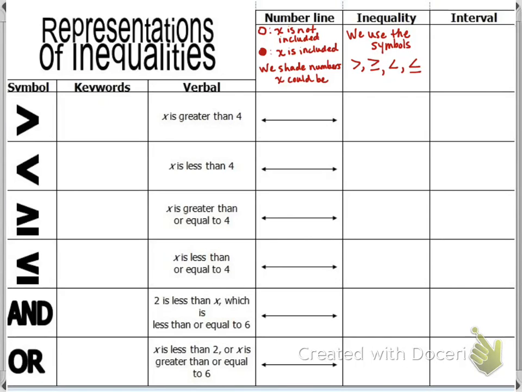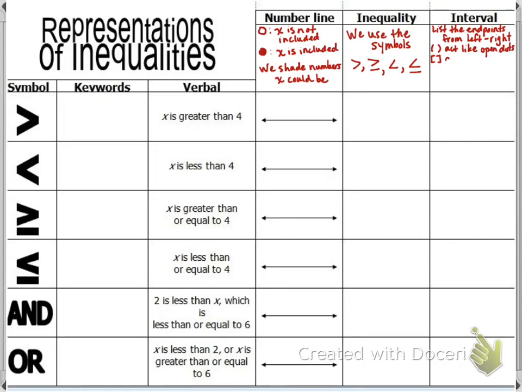So the first thing you need to know is list the endpoints from left to right. And then the next part, we're going to kind of write a little bit, so write kind of small. Parentheses act like open dots or open circles.